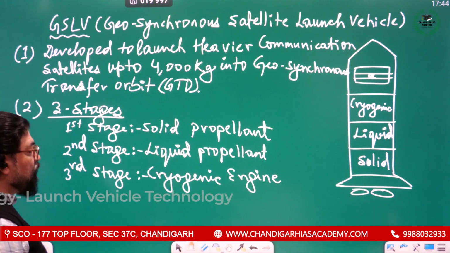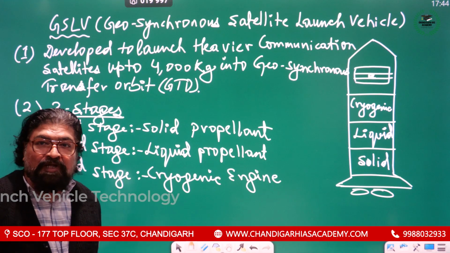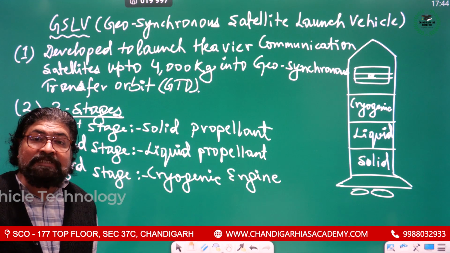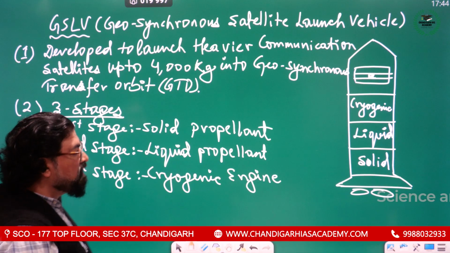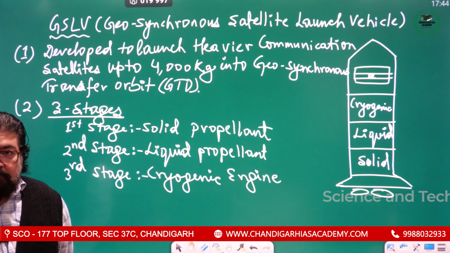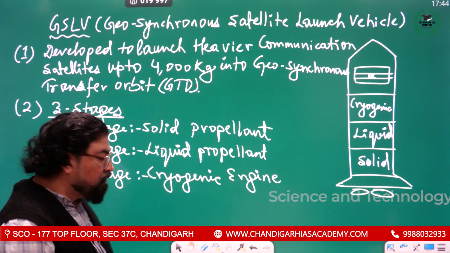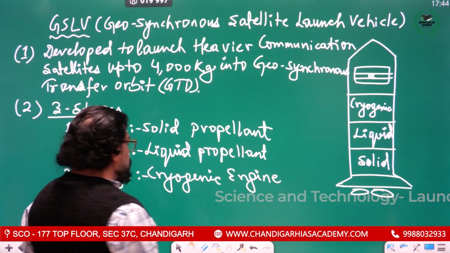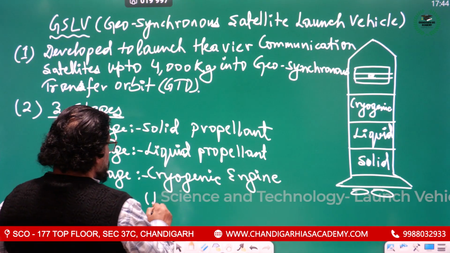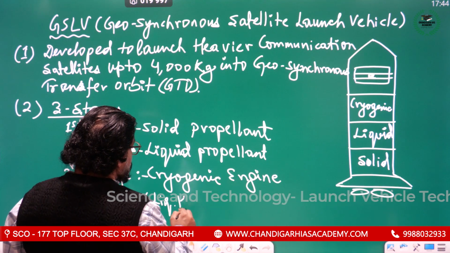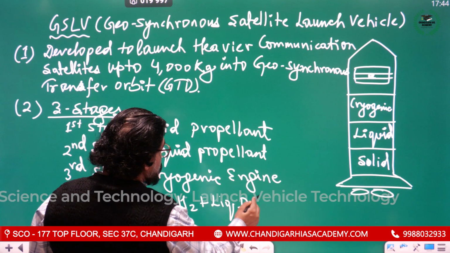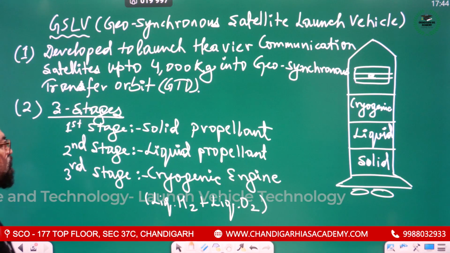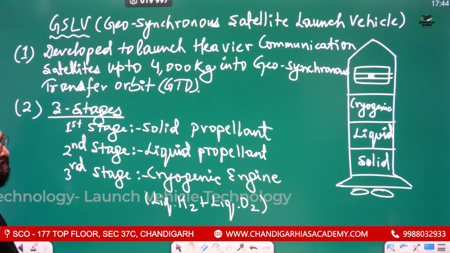This technology we borrowed from Russia, but we have now developed our own indigenous cryogenic engine at an ISRO center called LPSC, Liquid Propulsion Systems Centre, Mahendragiri. There we have developed it. So here, in the cryogenic engine, liquid hydrogen is burnt with the help of oxygen to produce the thrust. Right?